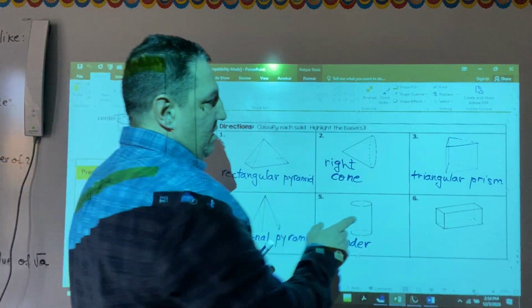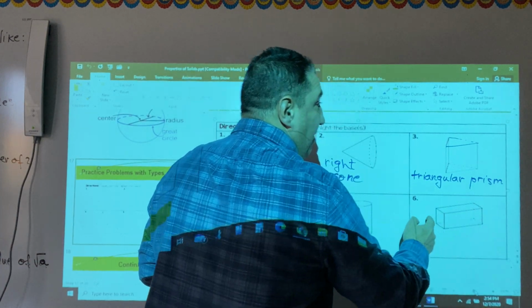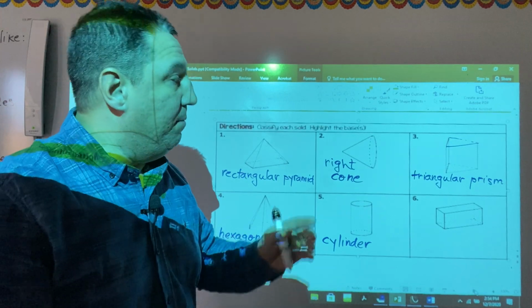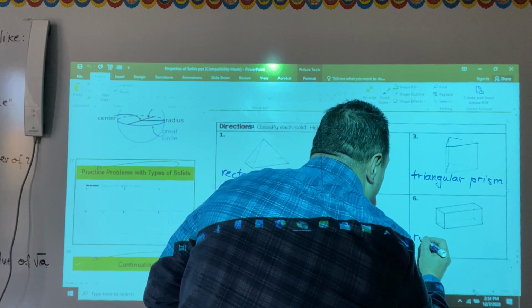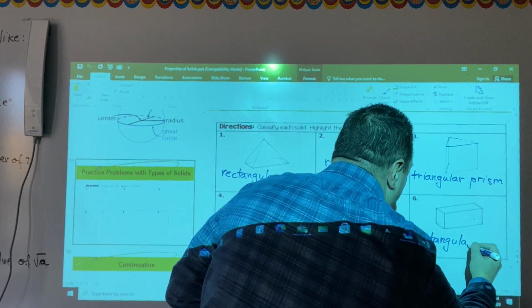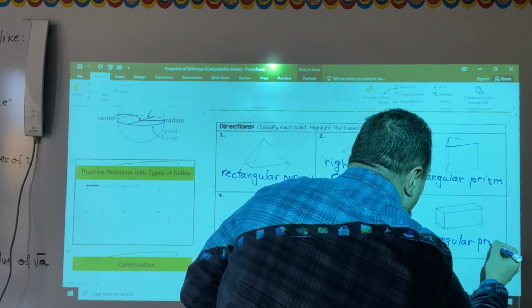And again, the name of the prism is given by the name of its base shape. Because it's a rectangle, we say rectangular prism.